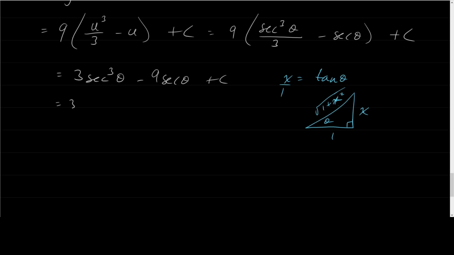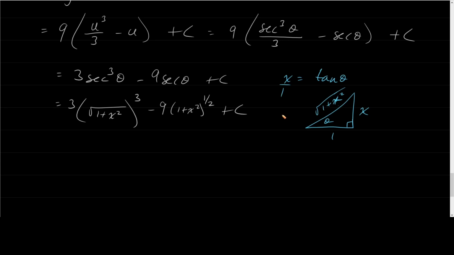So we have 3 times, and this is going to be to the third power, the hypotenuse over the adjacent. So this is the square root of 1 plus x squared. And then we have that minus 9 times secant theta. So that's just the square root of 1 plus x squared. I'll write that as 1 plus x squared to the 1 half. There we go. And then that plus c.